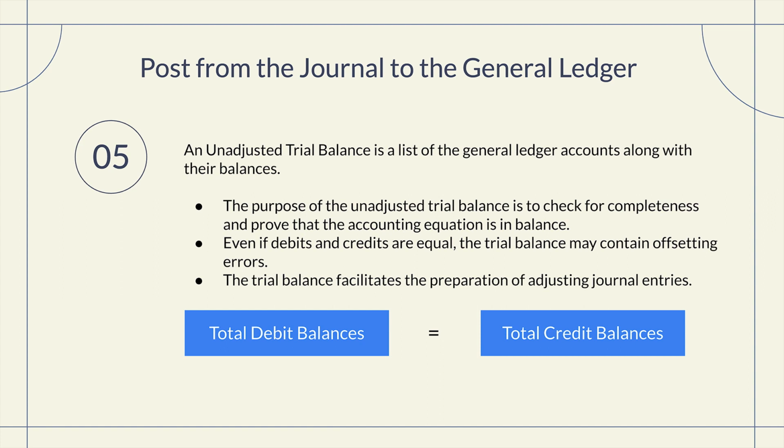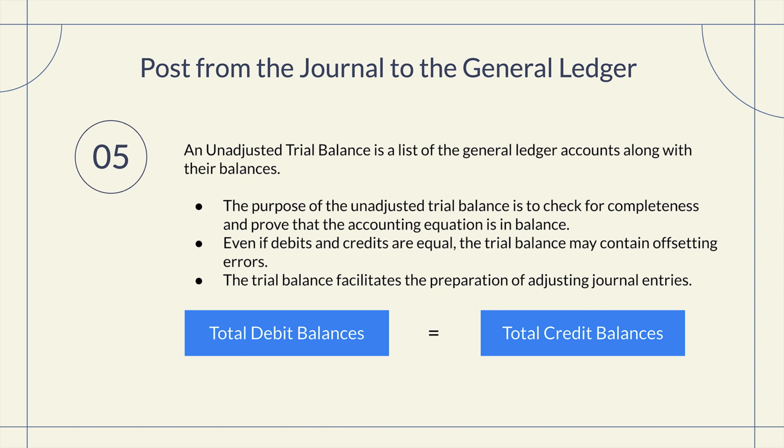Step 5 involves the preparation of an unadjusted trial balance, which is required before the preparation of the financial statements and before adjusting journal entries or internal transactions are recorded at the end of the accounting period. The trial balance is simply a list of all general ledger accounts, along with their balances at a particular date, listed in the order they appear on the general ledger.